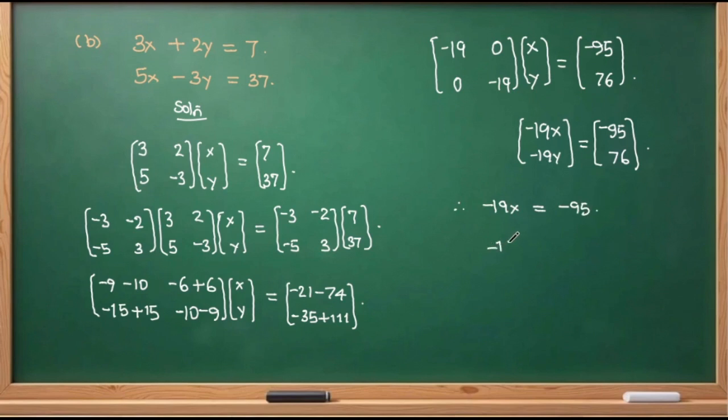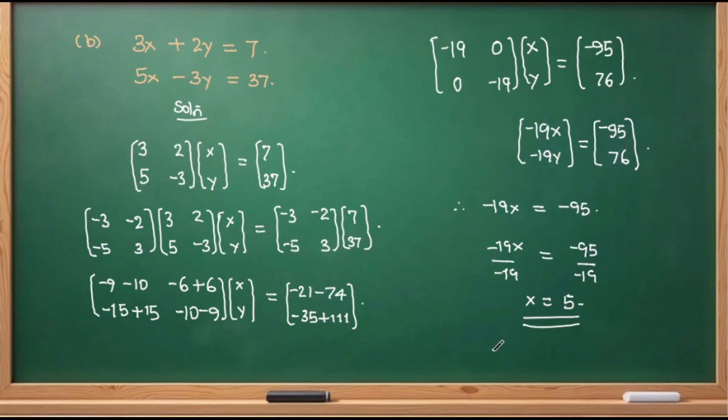Dividing both sides by negative 19, we have negative 95 divided by negative 19. Our x value will just be 5. Then we do the same to the next one, that is the y in the next row.